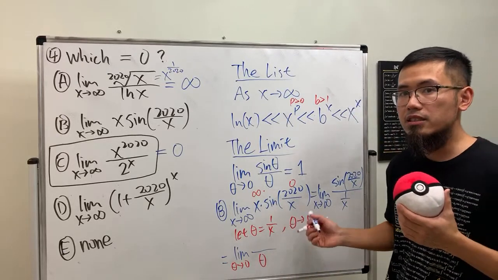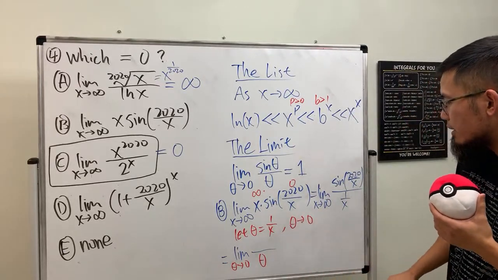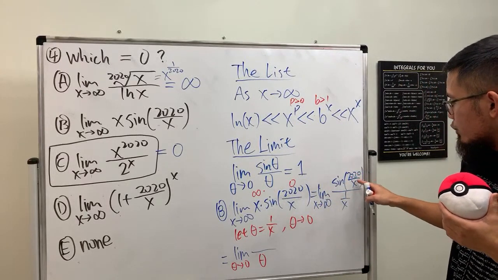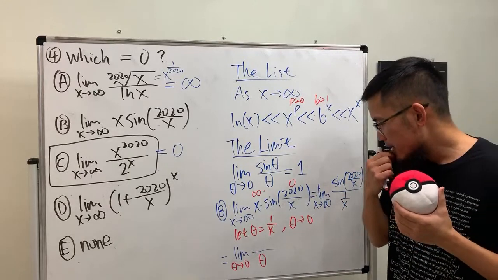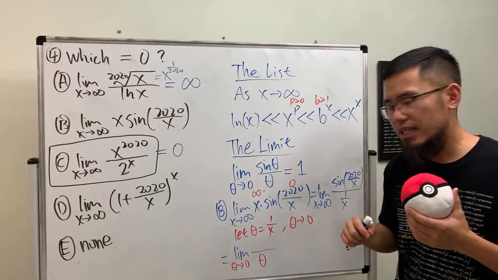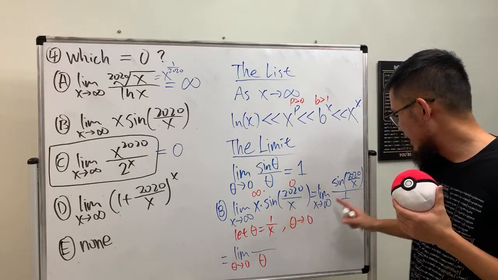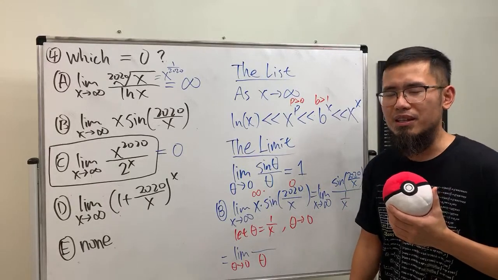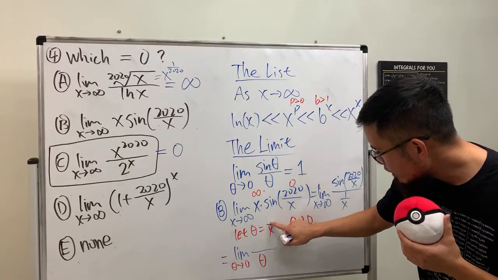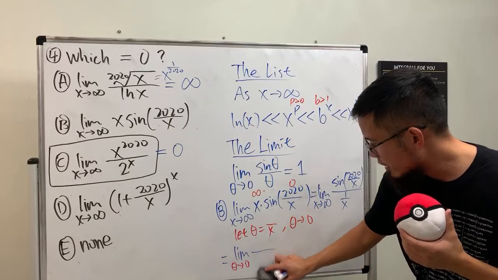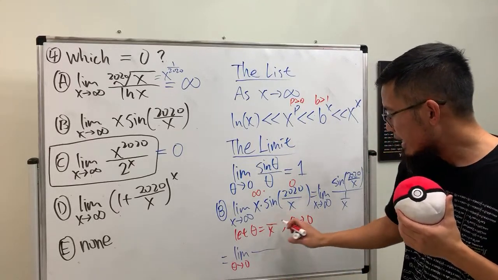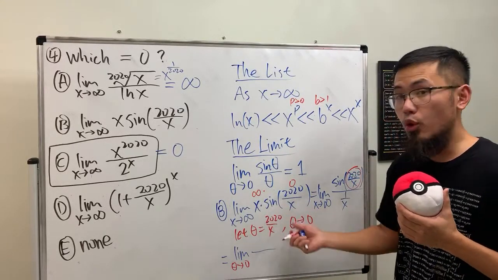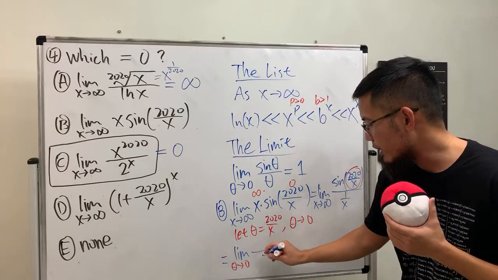But on the top, we have 2020 over x, and if I use 1 over x, that's not so good. Instead of 1 over x, let me change it a little bit. Let theta equal the inside, 2020 over x. You will see it works out very nicely.